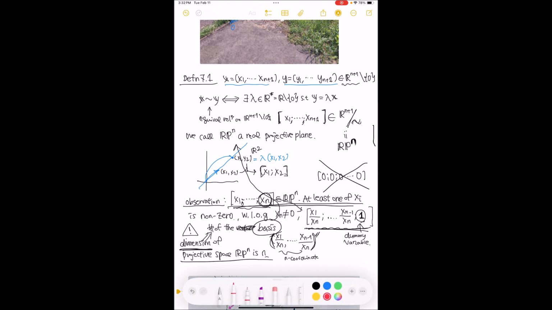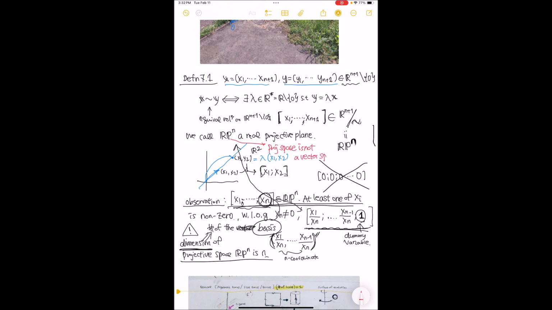But projective space is not a vector space. As you can see in my Instagram scene, you can check this, there are many reasons why this is not a vector space.